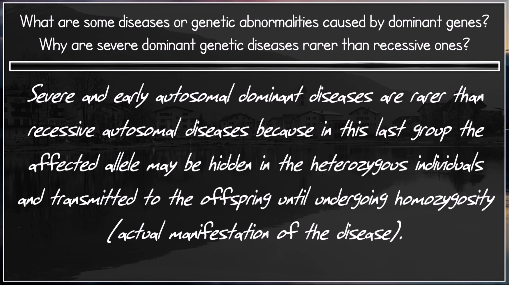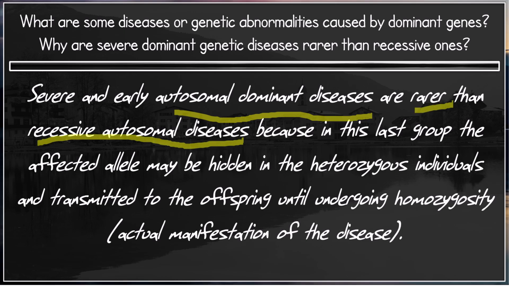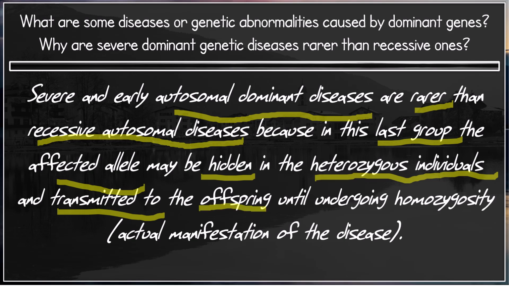Severe and early autosomal dominant diseases are rarer than recessive autosomal diseases because in this last group, the affected allele may be hidden in the heterozygous individual and transmitted to the offspring until undergoing homozygosity, actual manifestation of the disease.